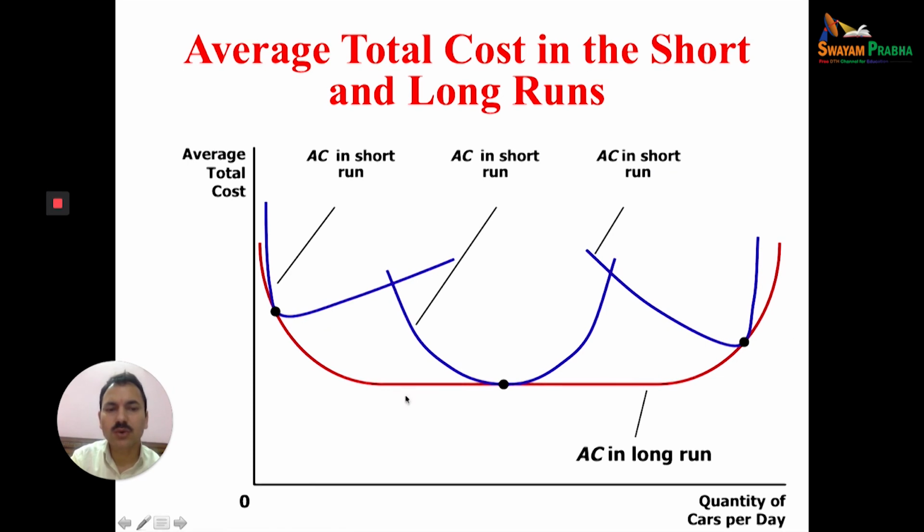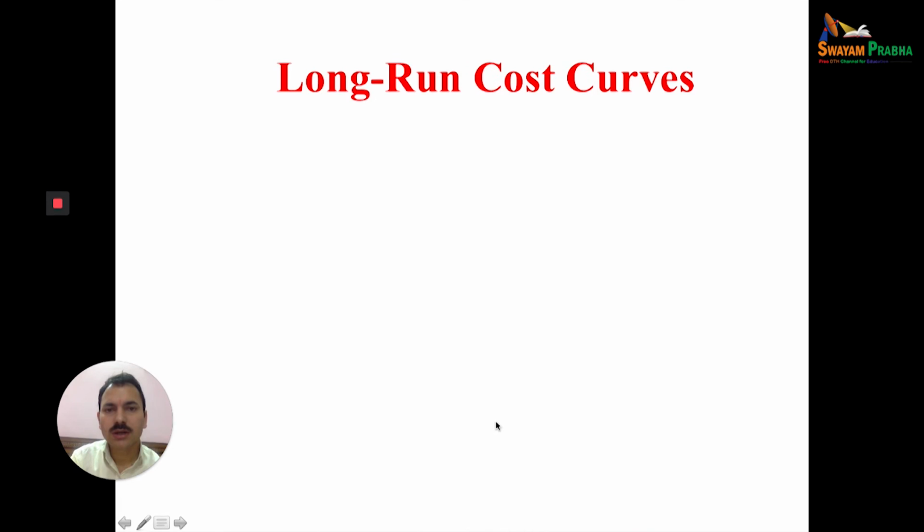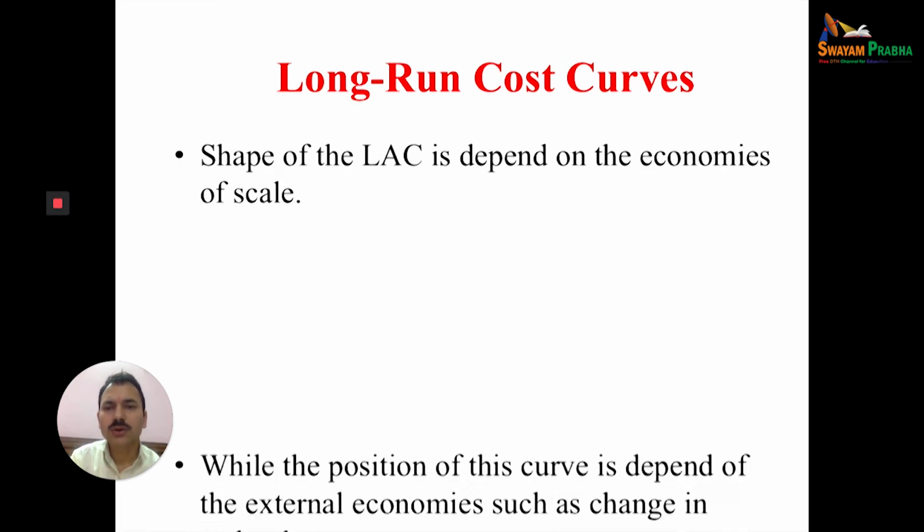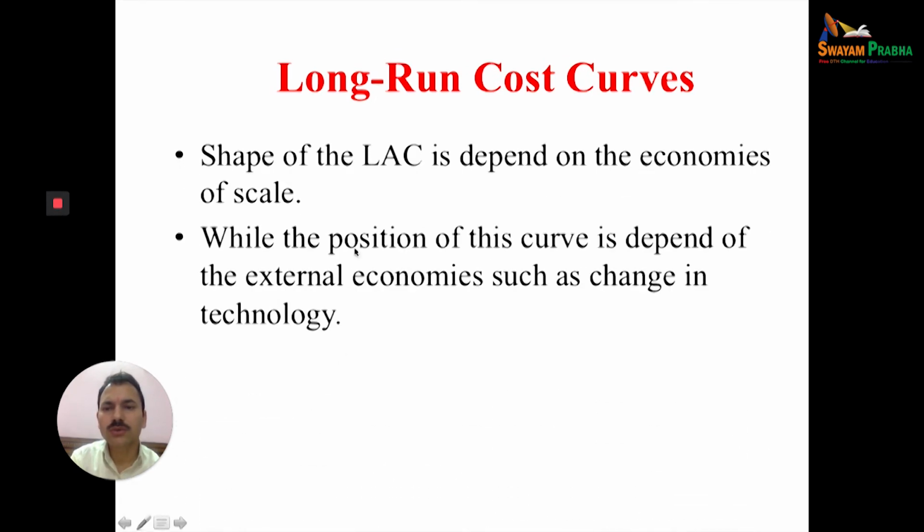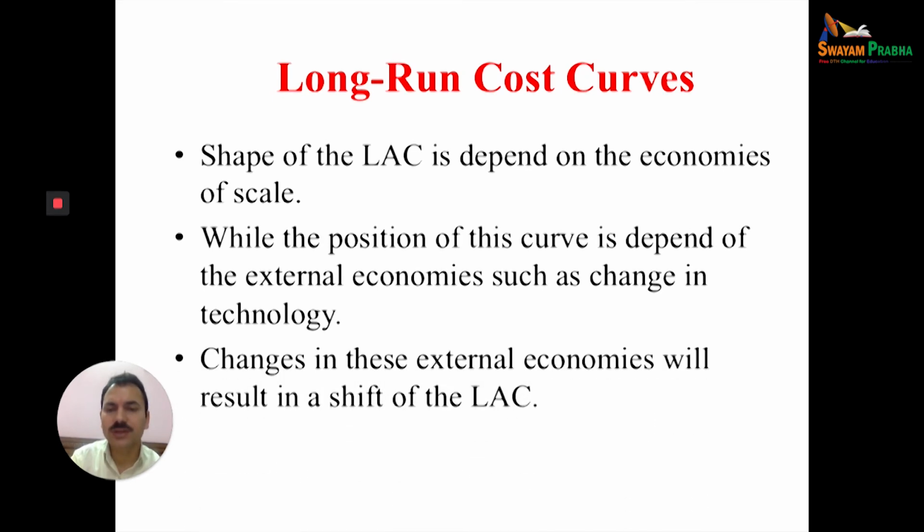This is the long run cost curve. Now, the shape of a long run cost curve depends upon the economies of scale, while the position of this curve depends on external economies such as change in technology and change in efficiency of production. Change in these external economies will result in a shift in LAC.